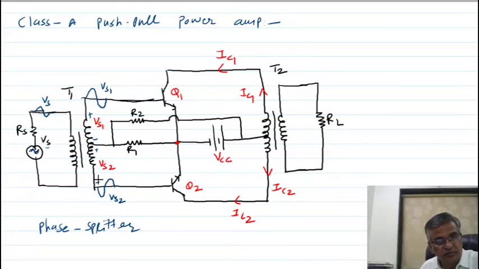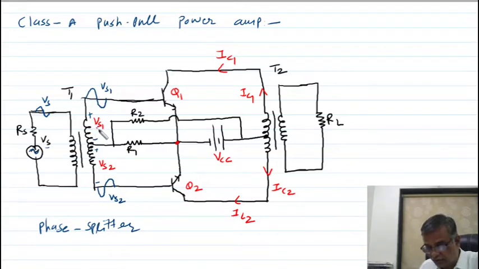Okay, both these have how much phase shift? 180 degrees. So I can say T1 is called a phase splitter, which provides two signals VS1 and VS2 having a 180 degree phase shift, and both signals are applied to the base of transistors Q1 and Q2.